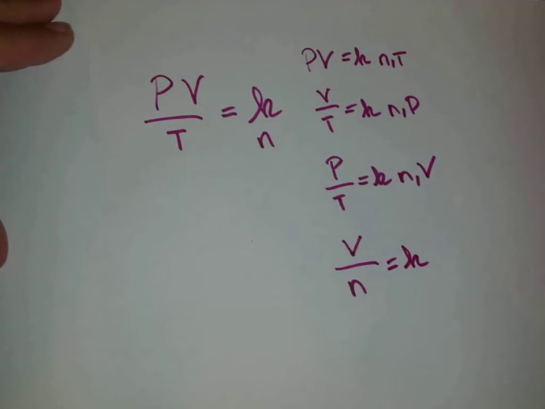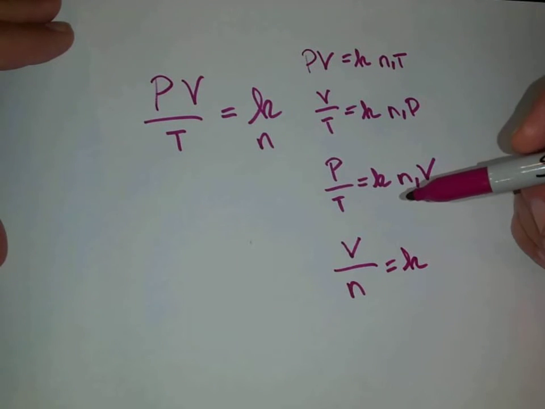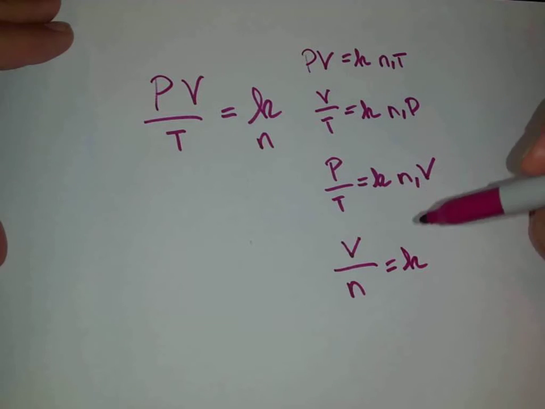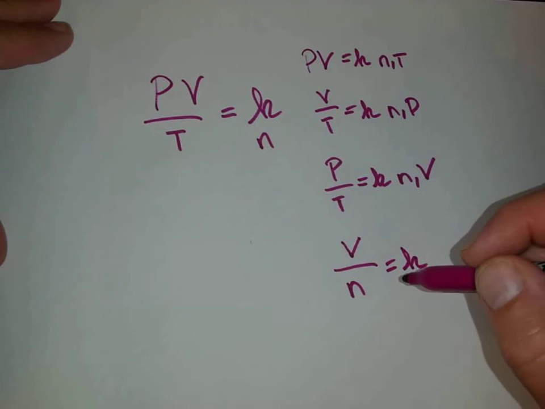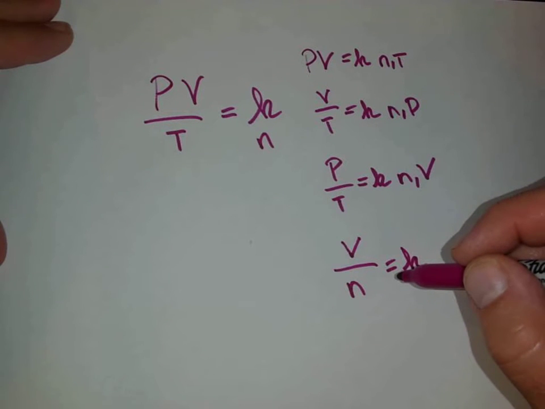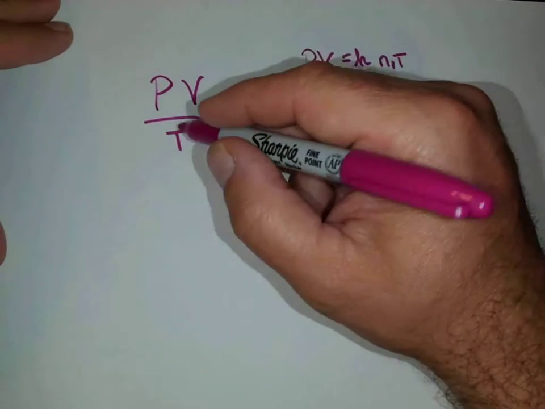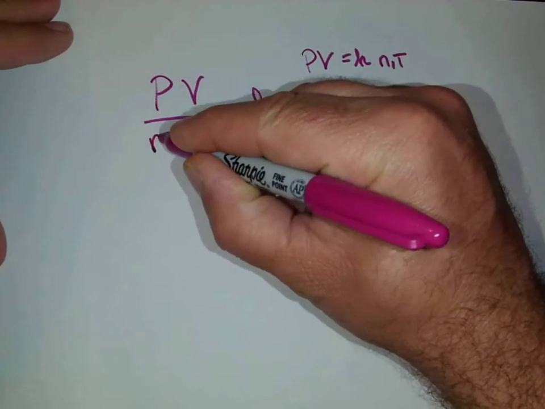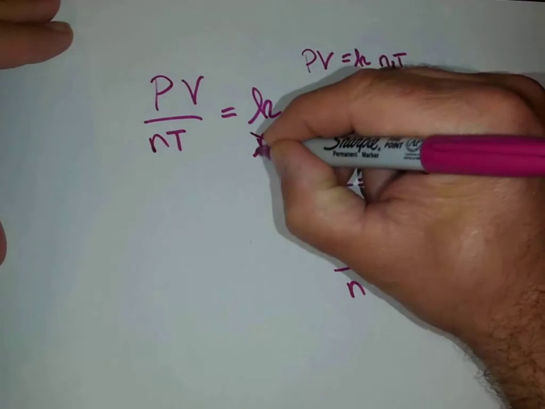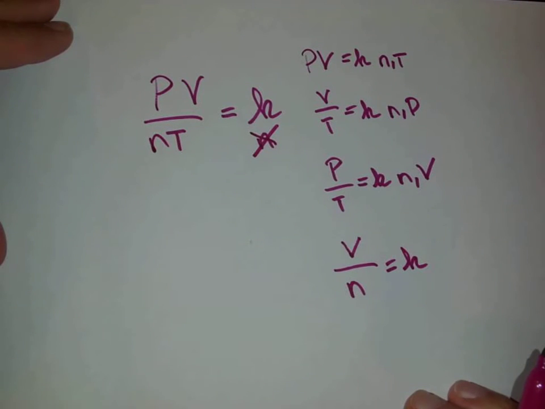So how do we fit this into the combination gas law? Well, since it's in the denominator, we are going to put it down here. Again, this is when the number of moles is not held constant.